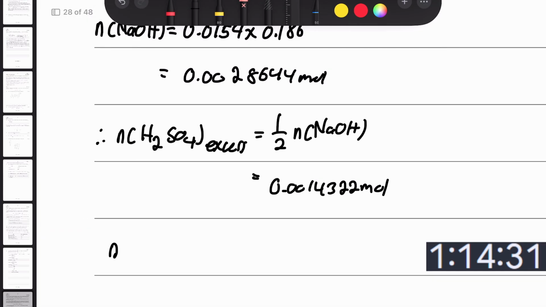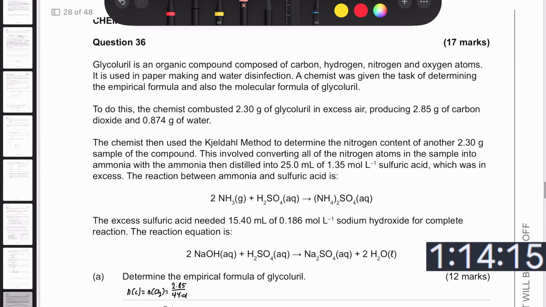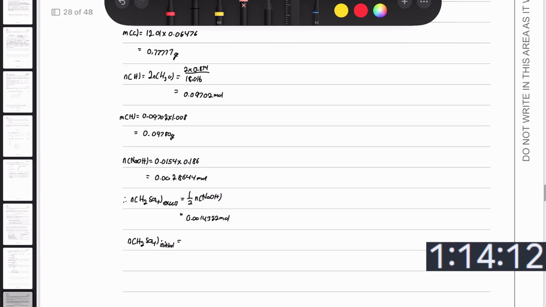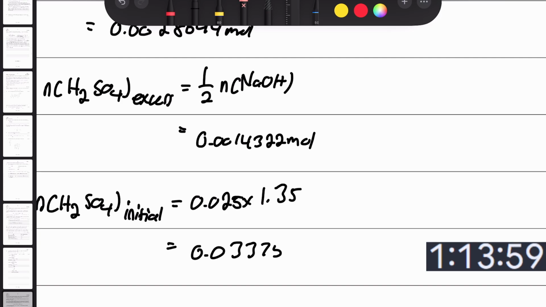And then the number of H2SO4 total initial is equal to 0.025 times 1.35, which is 0.03375 moles.